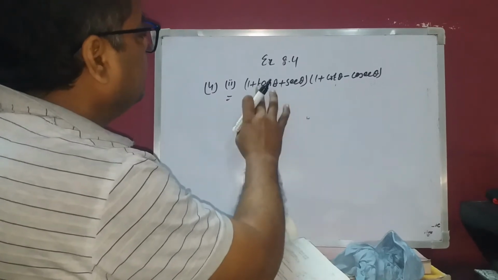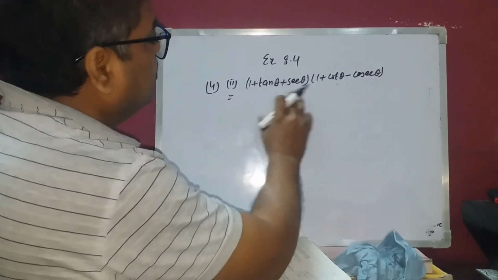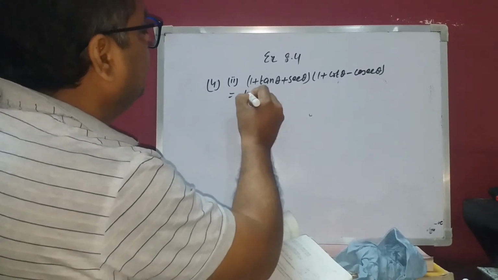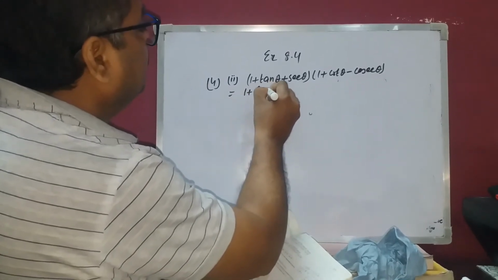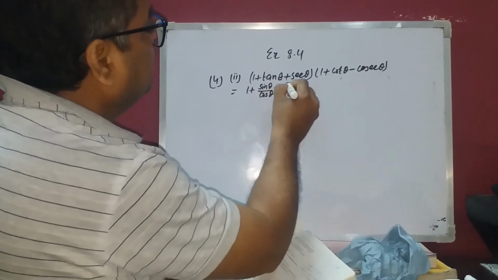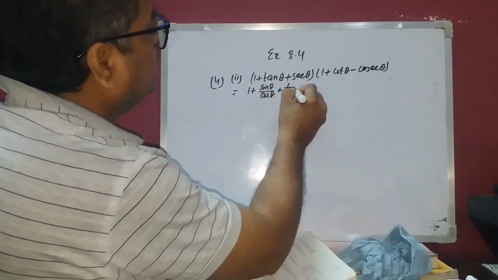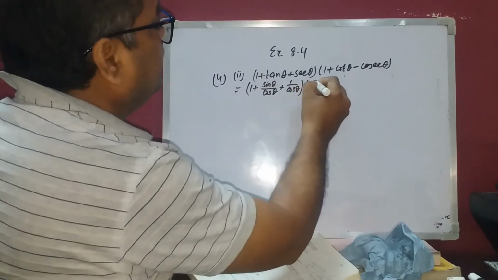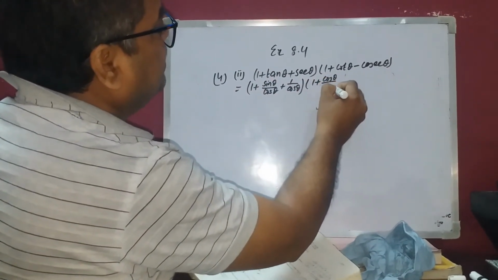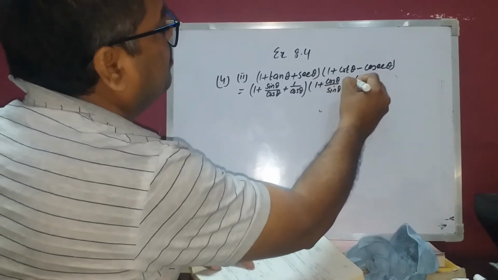Convert all trigonometrical ratios in terms of sine and cos. So you will write here (1 plus sine theta by cos theta plus 1 by cos theta), and here (1 plus cos theta by sine theta minus 1 by sine theta).